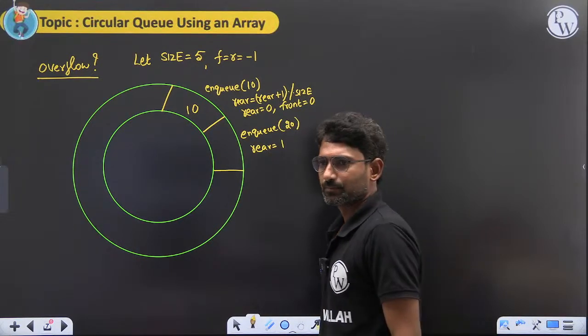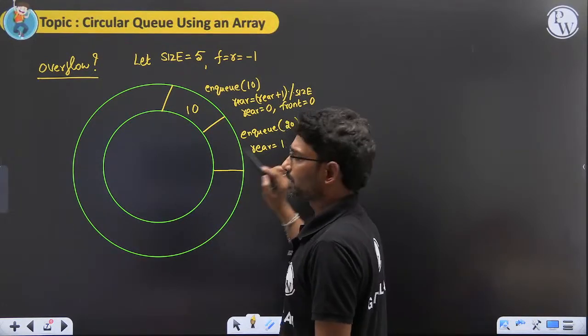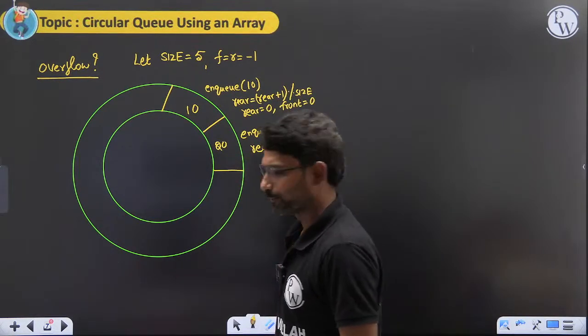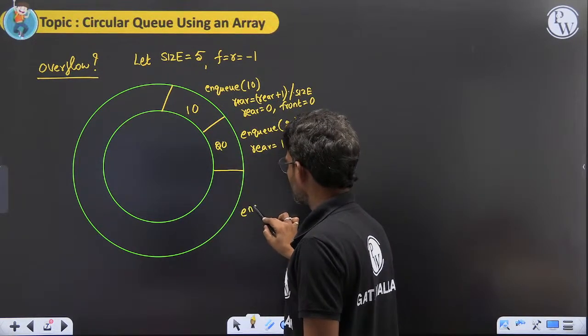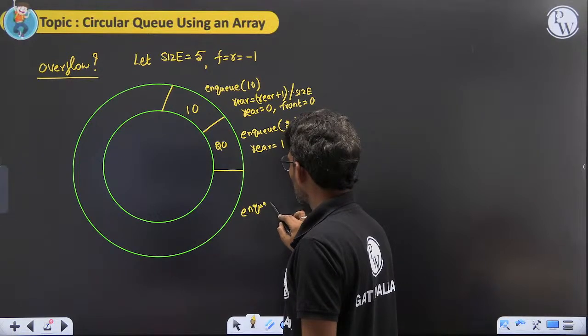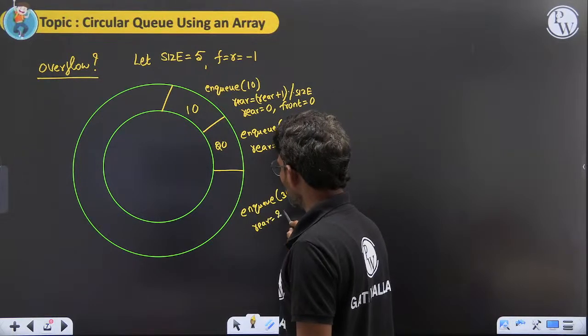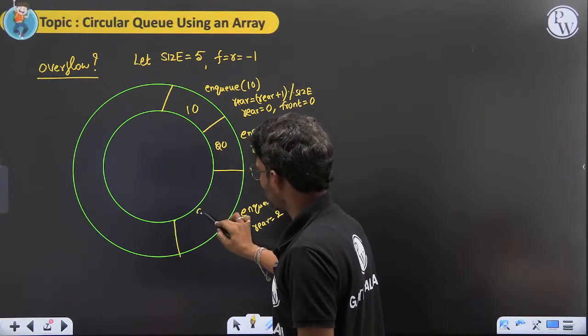We know that. Now I have inserted 20, rear became 1, front still will be at 0. I inserted 30, rear becomes 2, and then I insert 30.